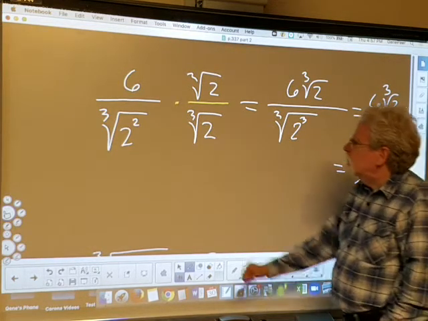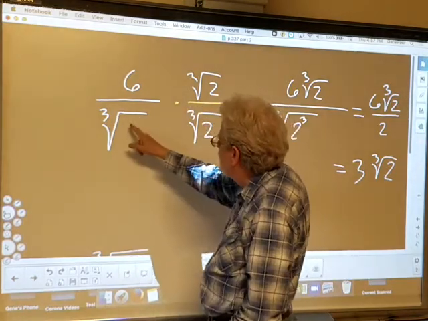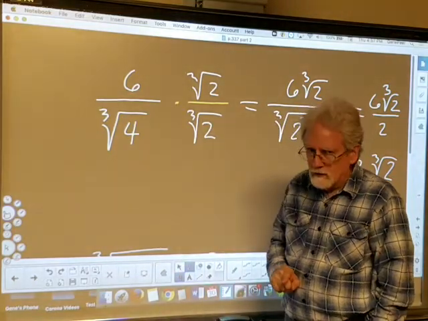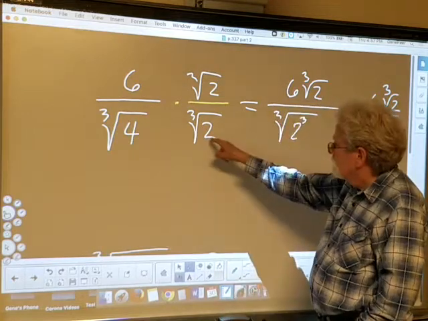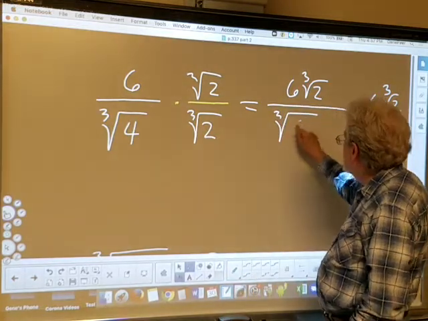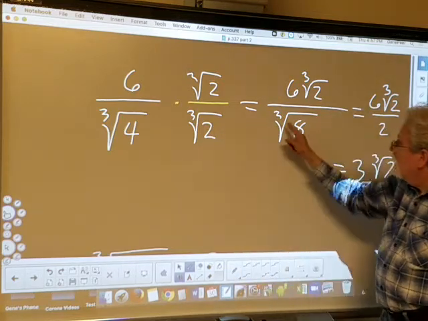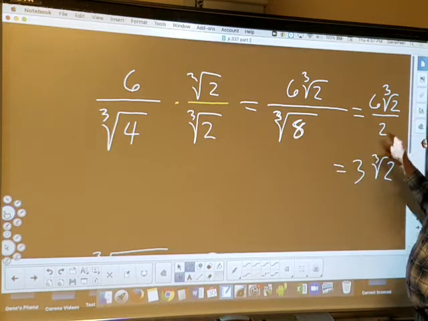Slightly easier way to think of it, maybe. You say to yourself, what special number could I multiply a 4 by to make it become a perfect cube? If I multiply that 4 by 2, don't I get a perfect cube? 8. 4 times 2, I can do the cubed root of 8, which is 2.